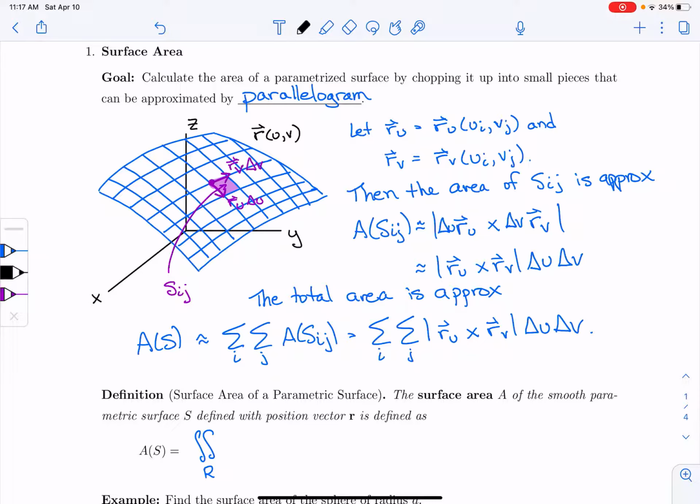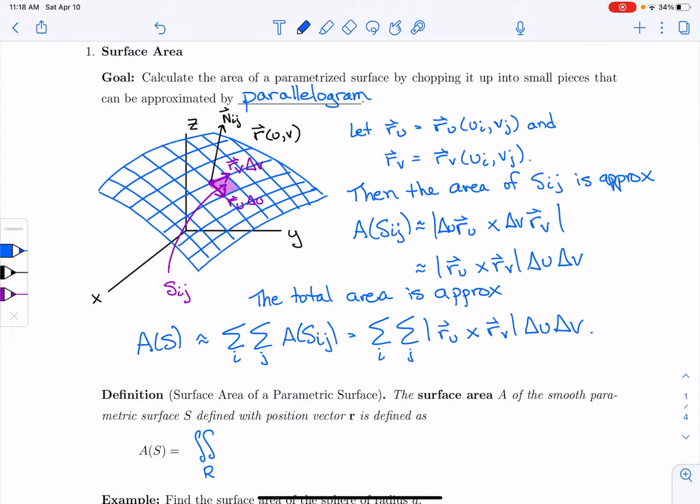So I should draw in this normal vector. We'll call that n sub ij for the normal vector.